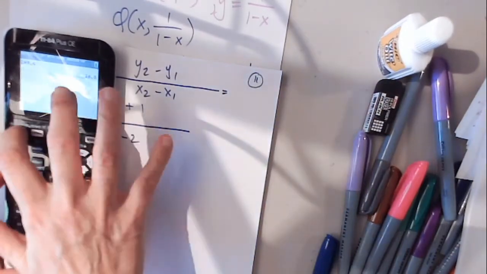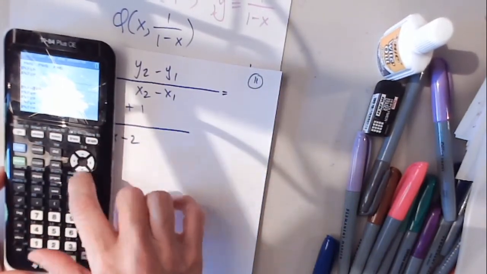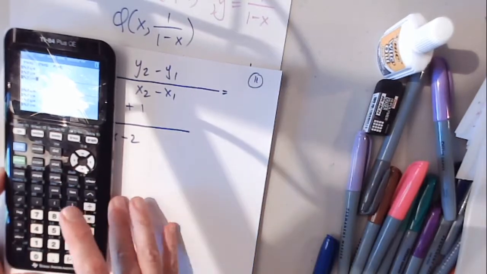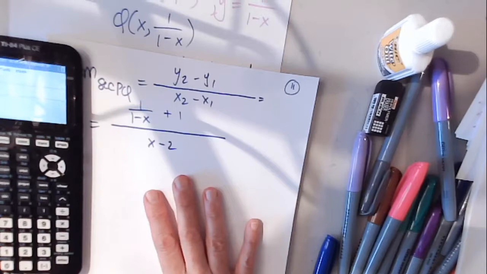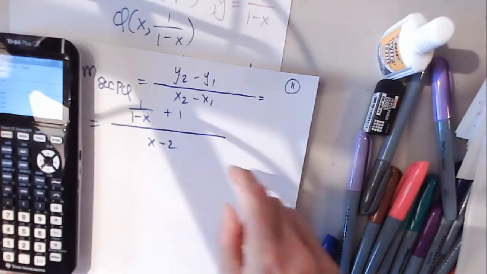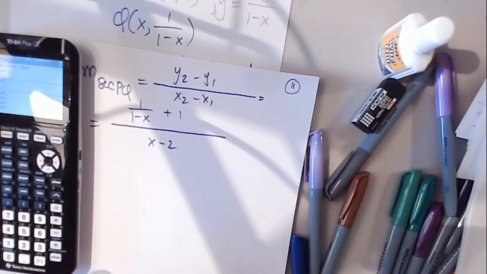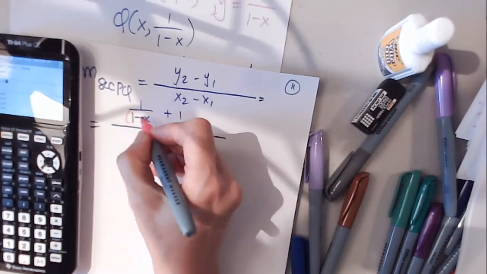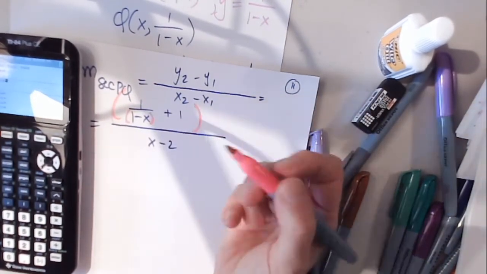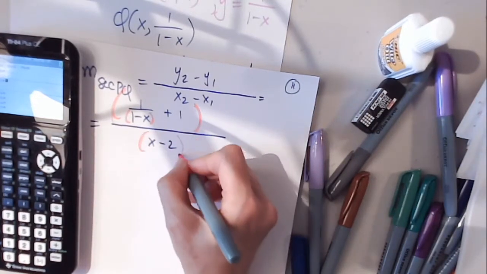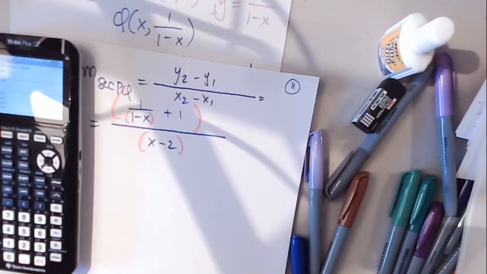Be very careful. Go to y equals, clear whatever you have from there, and let's enter this. If you forget parentheses around the numerator and around the denominator, you are not going to get the correct answer.